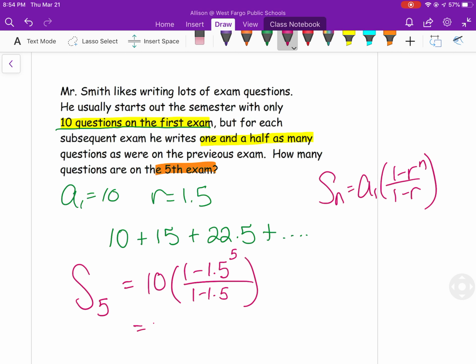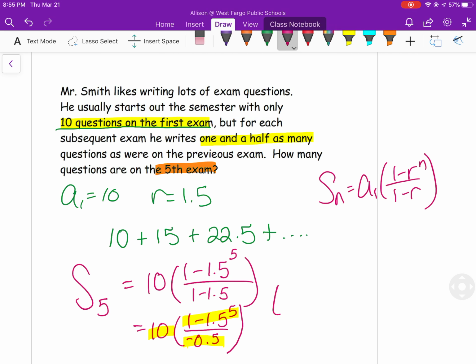So simplifying here, I get 10 times (1 minus 1.5 to the fifth) over negative 0.5.